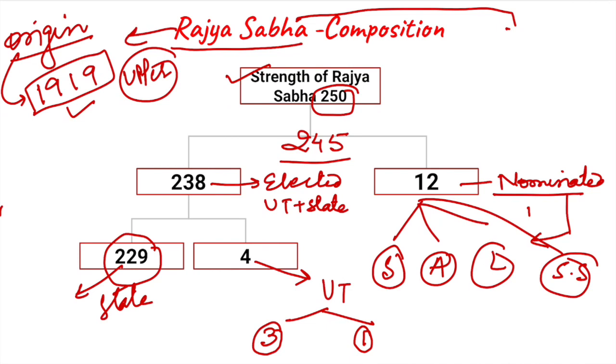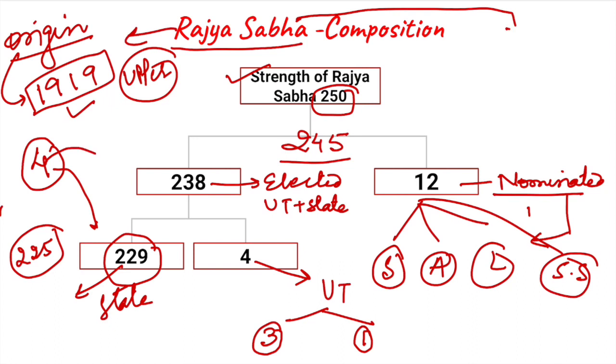But now, one thing you need to know: after the change in the status of Jammu and Kashmir, when it was a state, 4 seats had been allocated to it, and these 4 will need to be subtracted, so now 225 members will be elected from the states, and these 4 seats of the Rajya Sabha will be added to the union territories, and now the total elected members from union territories will be 8.